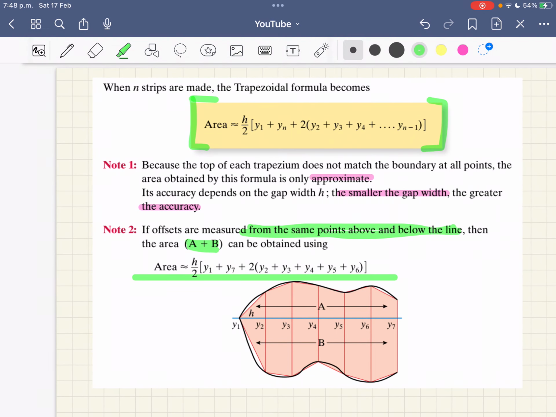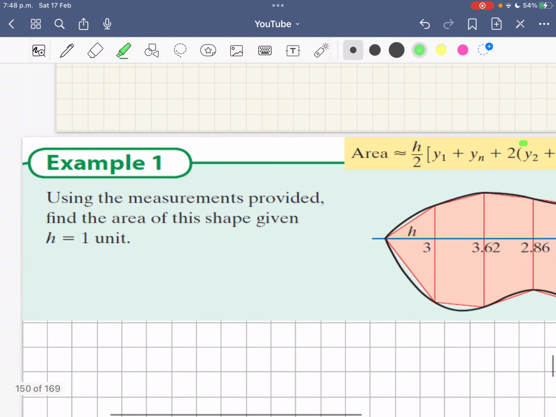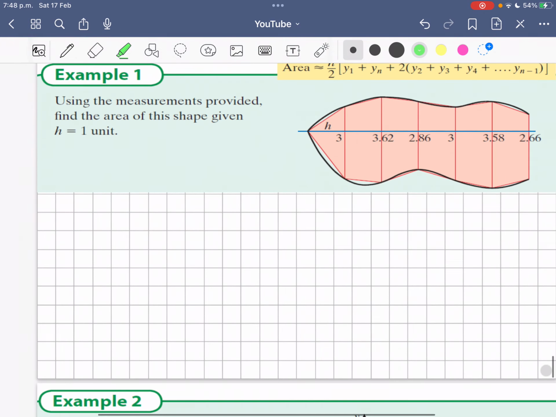So that brings us to our first example. Using the measurements provided, find the area of this shape. It's telling me that the distance between points is 1, so h is equal to 1. And it gives us our formula.